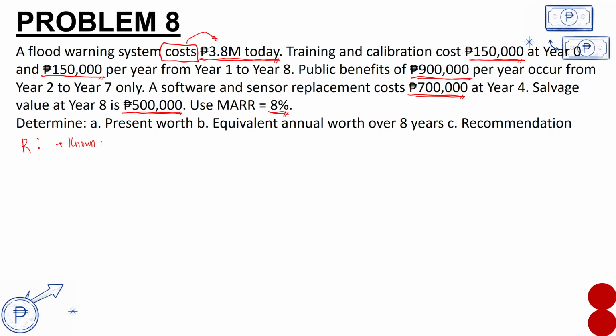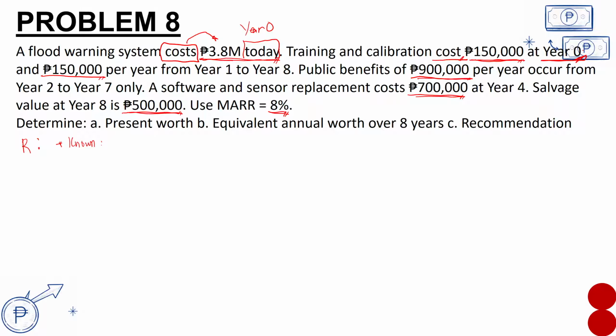After determining its type, you should identify its timing. The timing is today. This means that this is located at year 0 in the cash flow. Next, we have 150,000, and the 150,000 is again a cost. So we have a negative cash flow here, and the timing for this is as well at year 0.